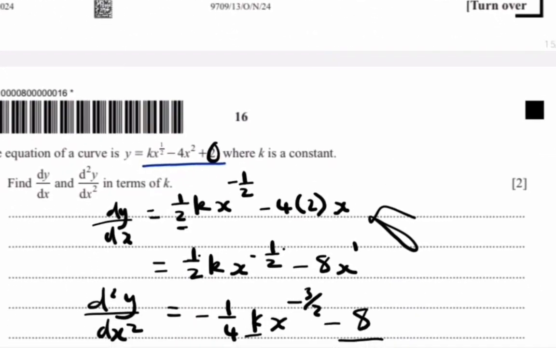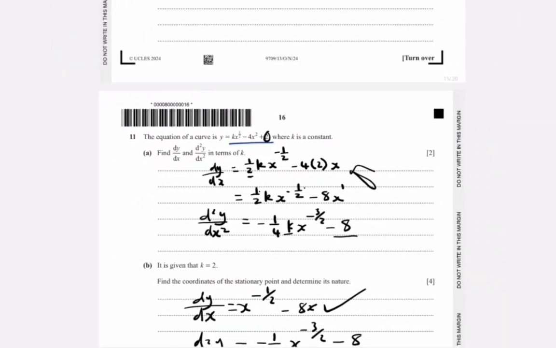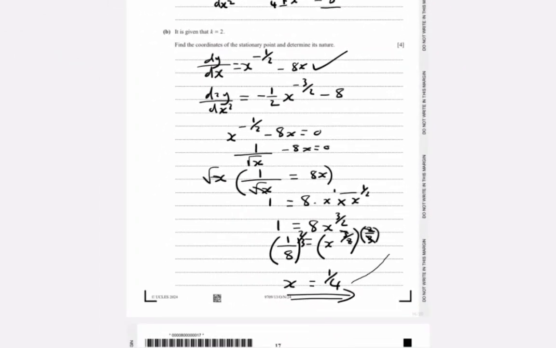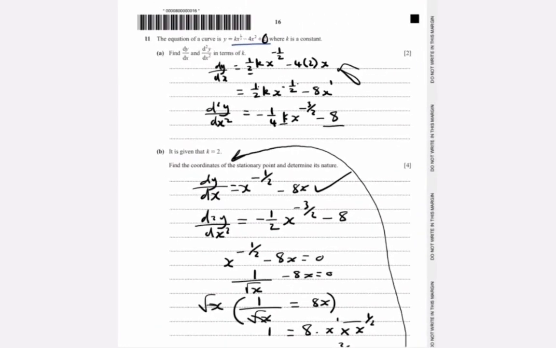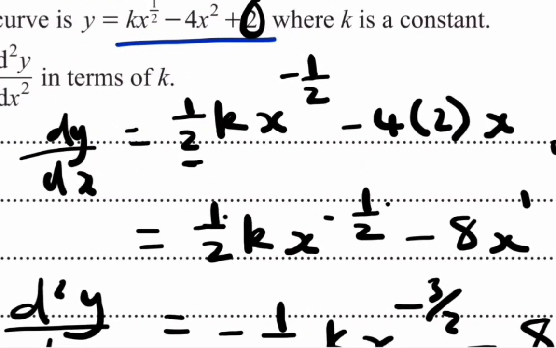And to get the y coordinate, I don't think we need that. So we're just going to substitute this. Wait, it says the coordinates of the stationary point, so we need the y coordinate. We need the x and y coordinate. So to get the y coordinate, we're just going to substitute the x here and the 2 for k.